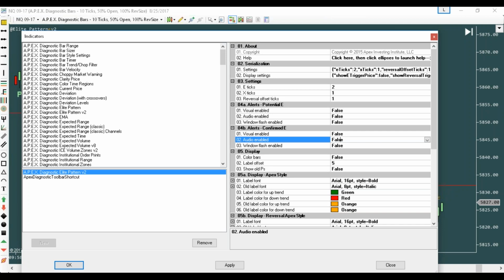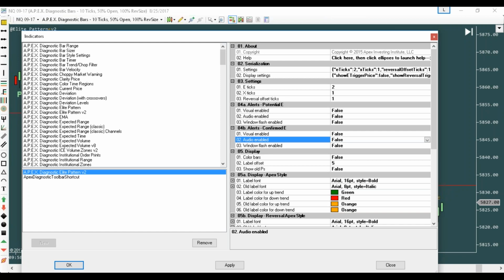Michael says, do we have audio alerts for power play? Well, Michael, the power plays is not an indicator. The power plays are a setup that require 4 different rules. So it's not an indicator that has an audio alert. But one of the 4 rules to a power play is that it has a cluster, which is on our order prints indicator.